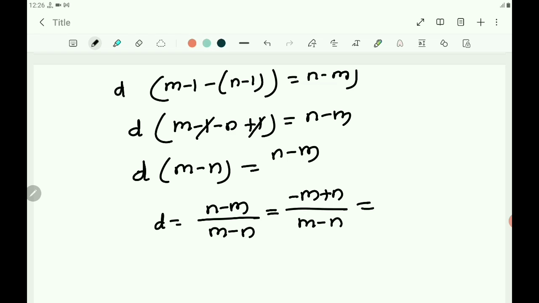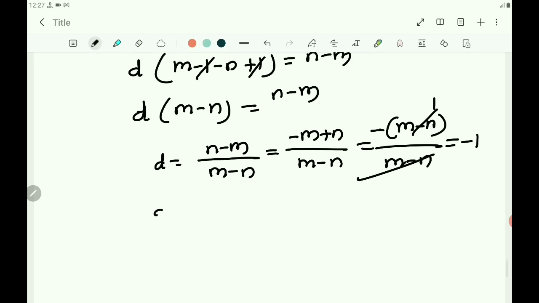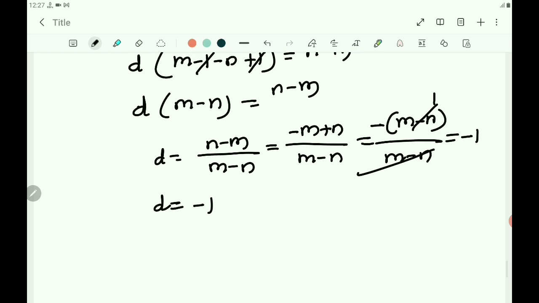Outside the bracket you write minus and change the sign of each term here. Minus m becomes plus m, plus n becomes minus n, by m minus n. These two cancel. What is remaining here? 1, that is minus 1. So your d is equal to minus 1.